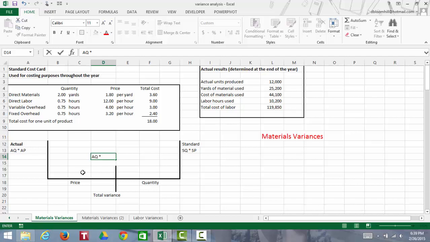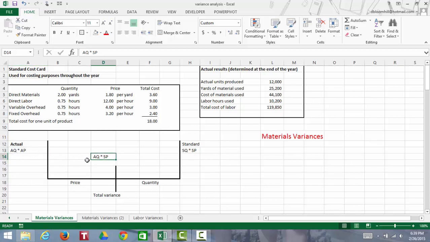But now we're going to vary the price. We have a choice between an actual price and a standard price. So by varying it, we're going to change it from actual to standard price. Now we have our middle prong, which is going to be the actual quantity multiplied by the standard price. So notice between the left and the middle prong, actual quantity and actual quantity are the same, but actual price and standard price vary.